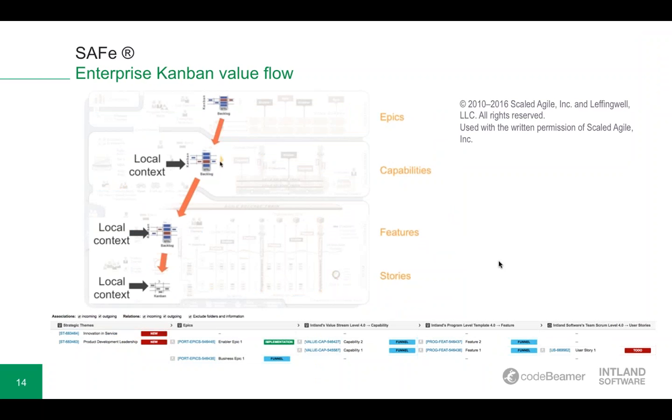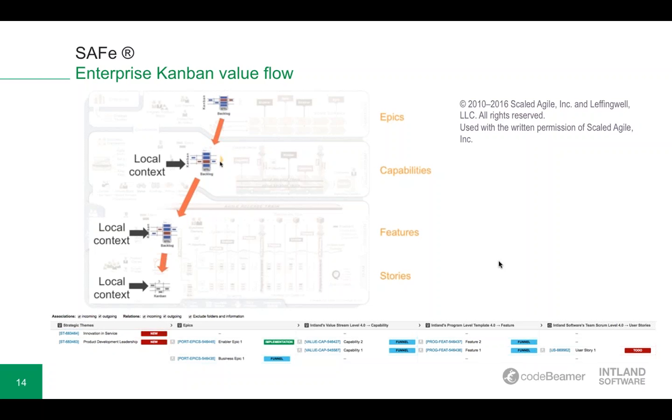And as I mentioned before, this is driven by a lean approach called Weighted Shortest Job First, also known as WSJF. This looks at the cost of delaying one item in order to do the other. So basically, it looks at both the cost of delay and the effort to complete it, and the work items that go through the Kanban board at each level through the WSJF prioritization determine what is the next most important to do in the portfolio backlog.